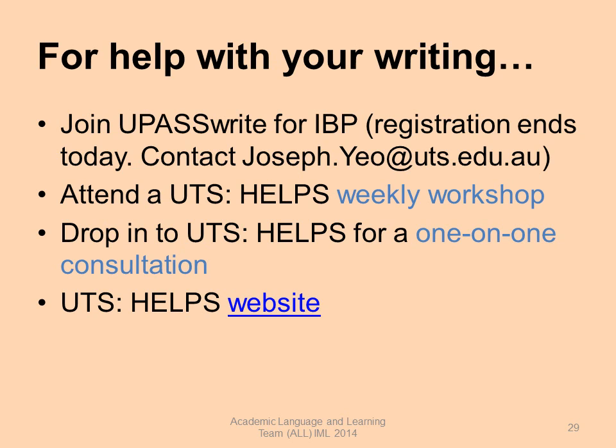You can attend a UTS Helps weekly workshop, or drop in at UTS Helps. It's on level 2 opposite the Concourse Cafe, and you can have a one-to-one consultation there. There's also a website that you can check out and download useful information on academic reading and writing skills.